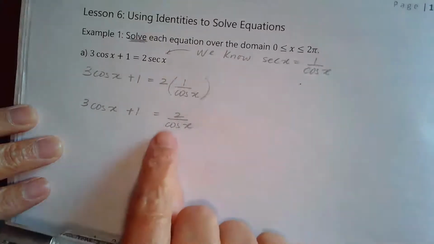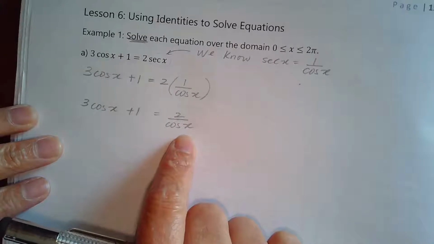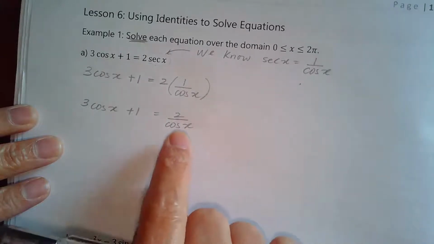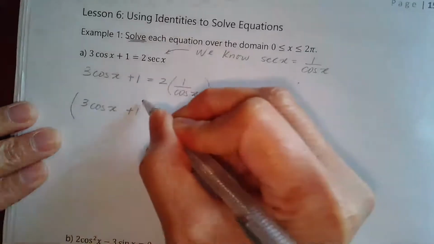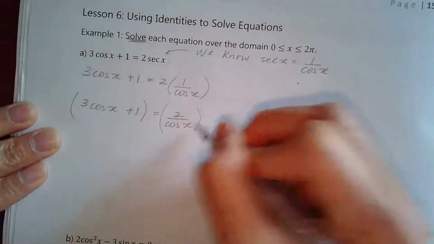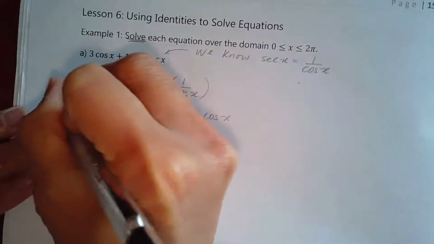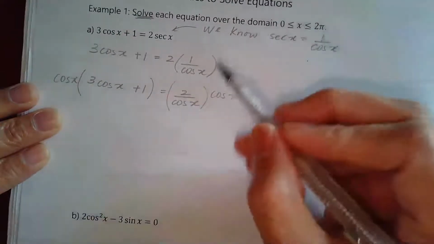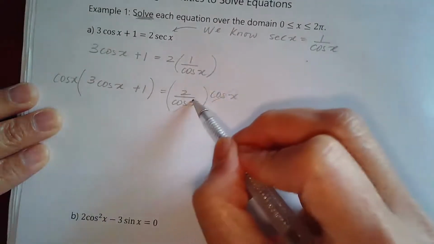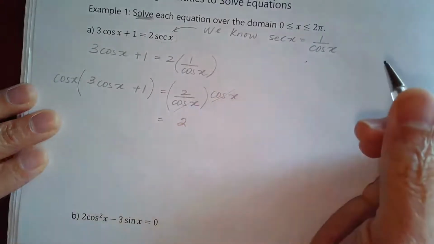How do we get rid of the cosine in the denominator? We're going to multiply cosine of x on both sides of the equation. The cosine of x divided by cosine of x cancels out, so we have just a 2 there.